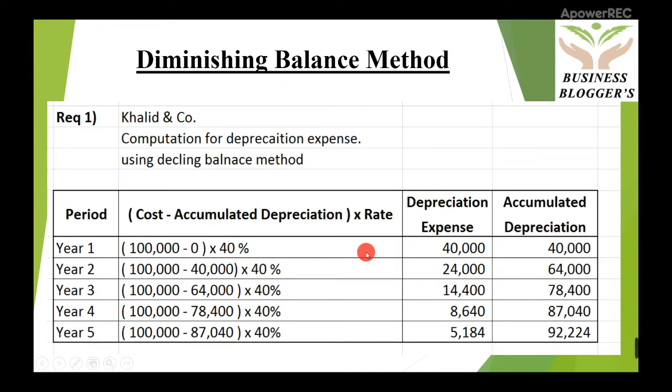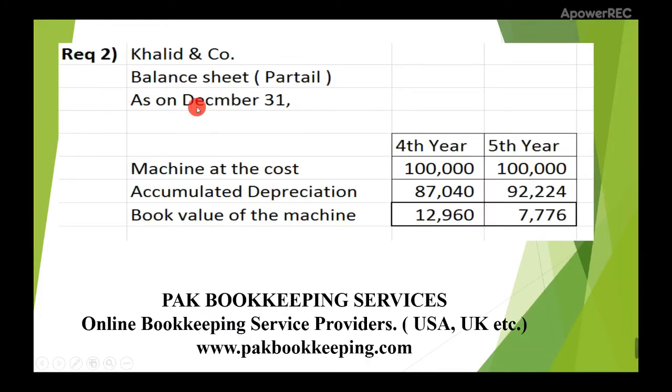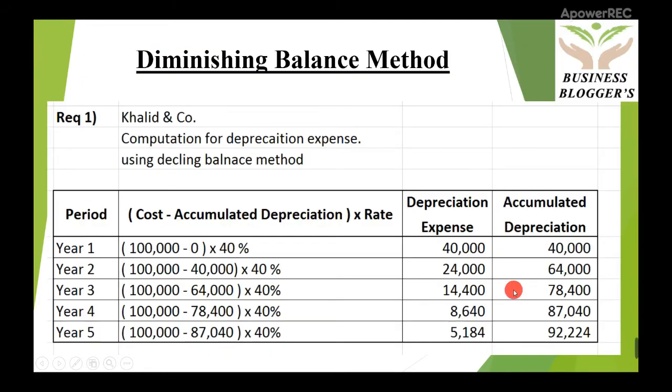Okay, let's solve the second requirement, which is the partial balance sheet. First of all, we make the columns for the 4th and 5th year and put the value of the machine cost, which is 1 lakh rupees. Then we write down our accumulated depreciation of the 4th and 5th year, which we have already calculated in our first requirement.